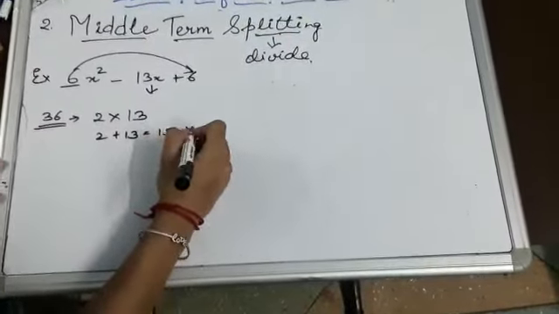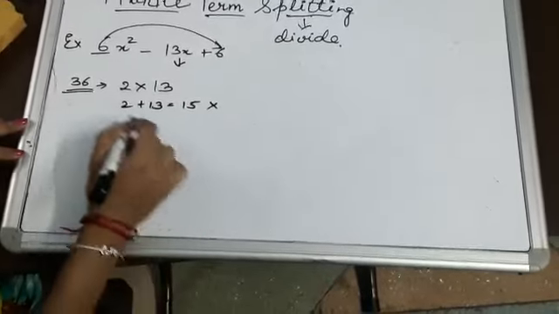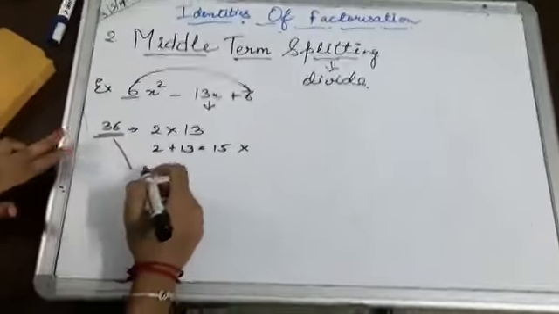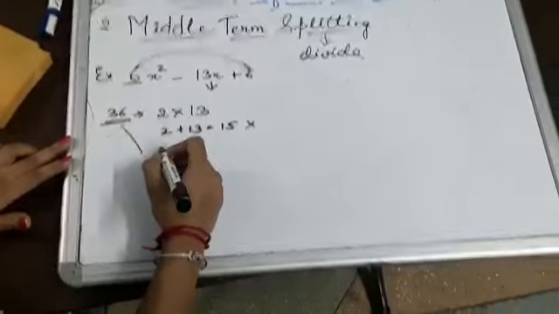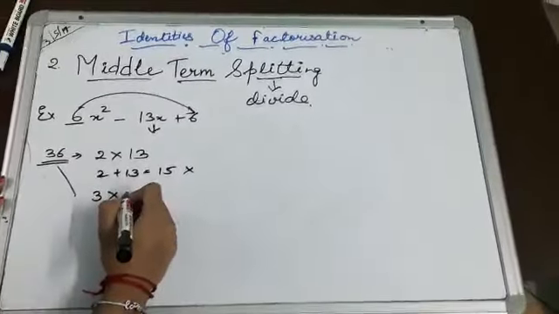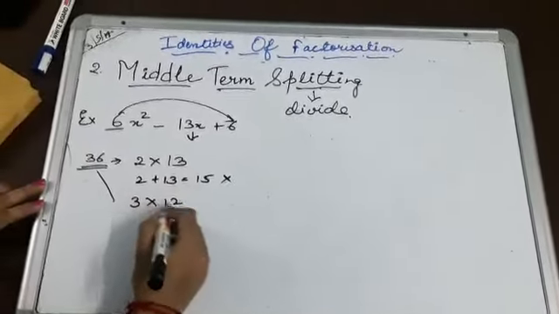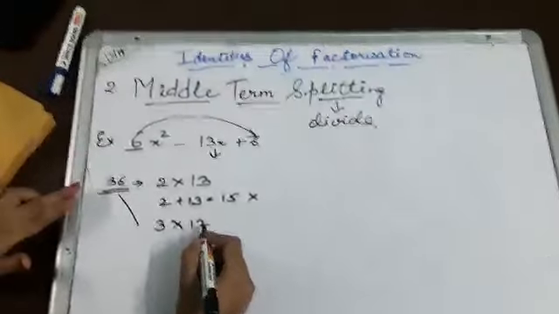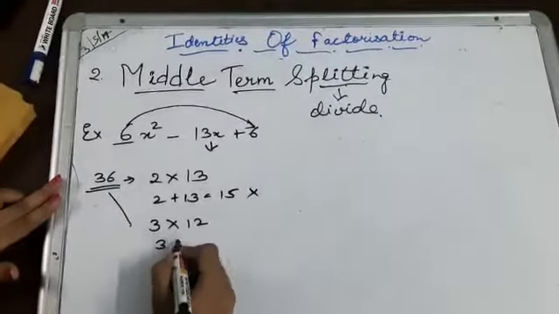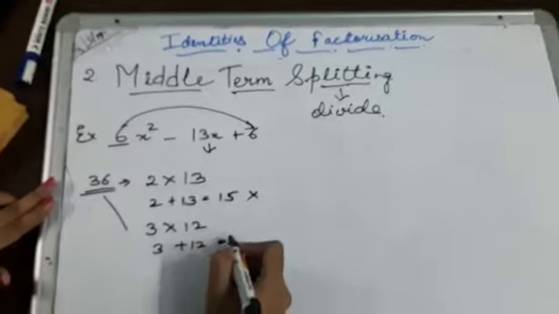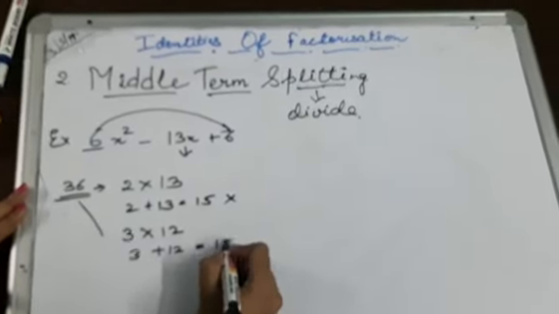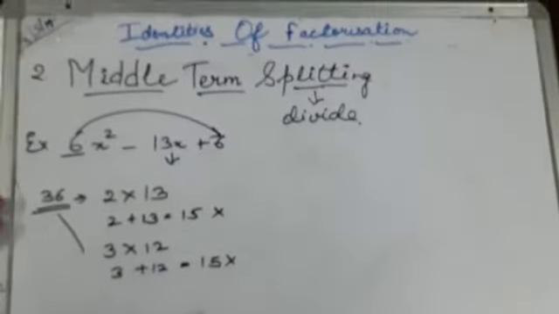So this situation is not satisfied. So we take another factors of 36, that is 3 into 12. If we multiply 3 times 12, we get 36, and if we add 3 plus 12, we get 15. So this situation again is not satisfied.